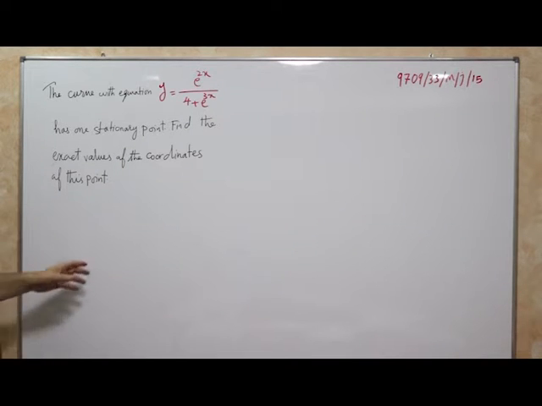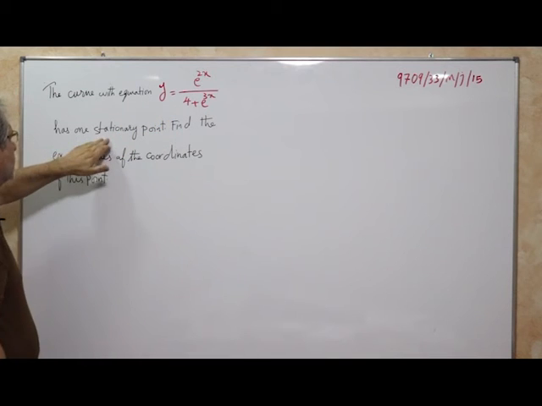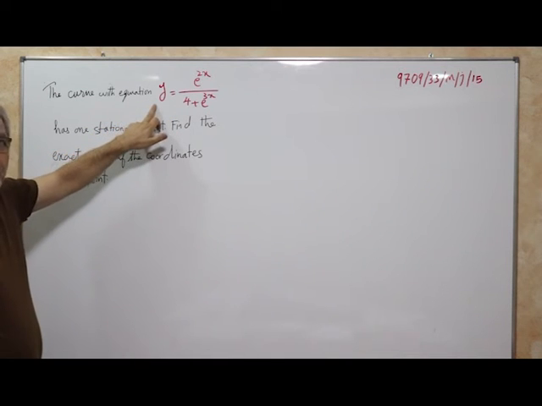Now, first of all, we have to differentiate this because we want a stationary point. We know that dy by dx is equal to 0.